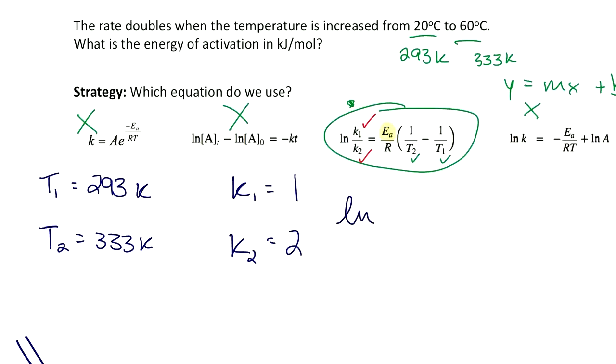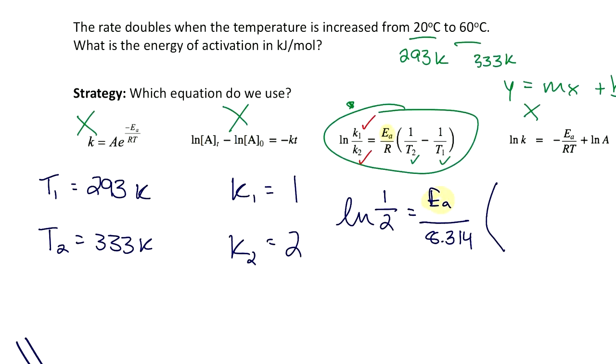So it is natural log K1 over K2. So what is this fraction? 1 over 2 equals activation energy, that's what we're solving for, over R, so 8.314. I'm not going to write the units out. You know it's a joule per mole Kelvin. And then inverse T2, so which temperature?